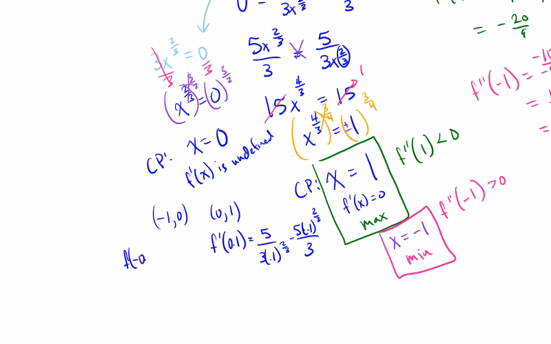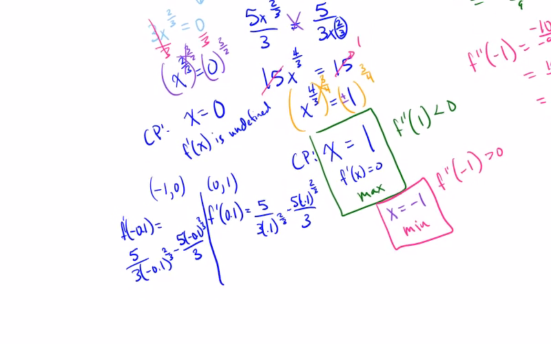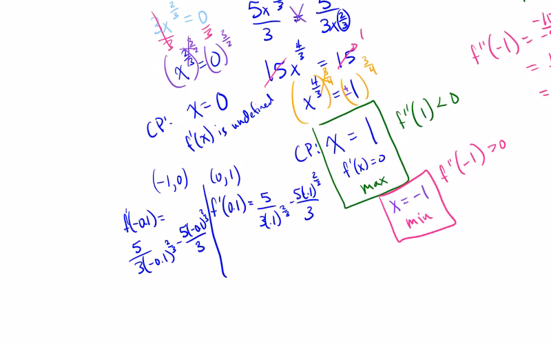We'll plug in -0.1, f primed at -0.1, which is going to be same thing but with -0.1 in there. All right. Okay, so plug both those in, and we'll see what's happening on either side, whether it's increasing on both, decreasing on both, or if it's flip-flop.